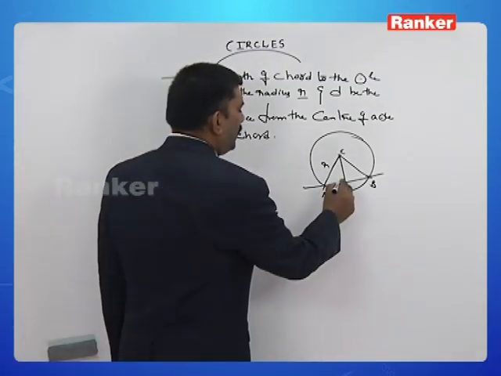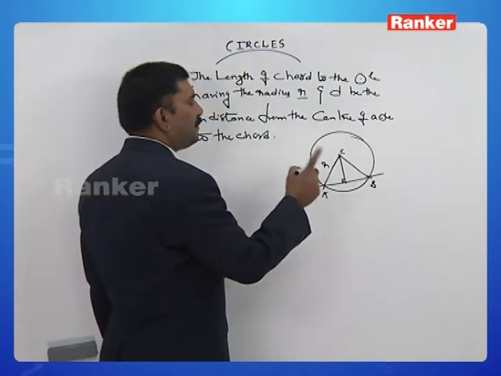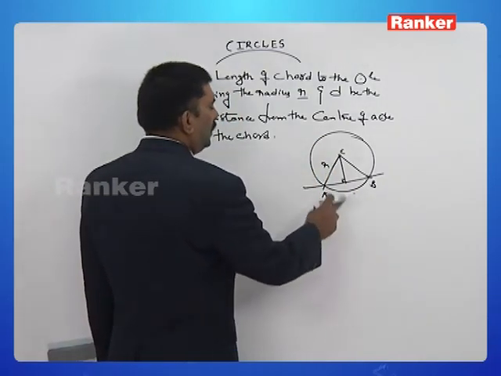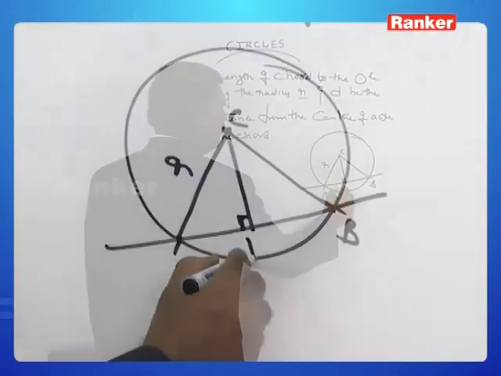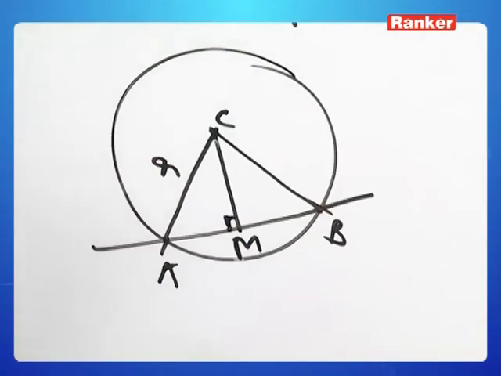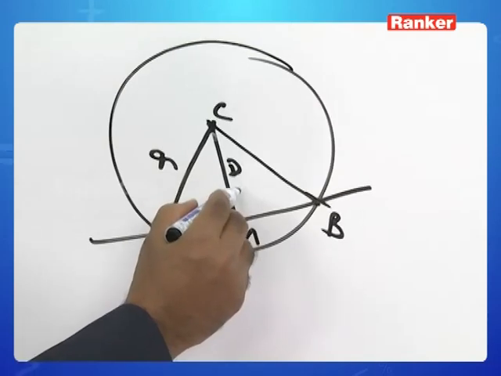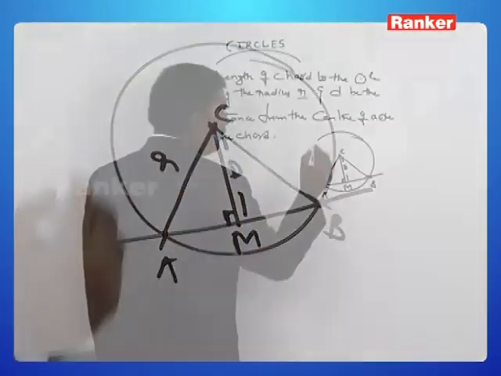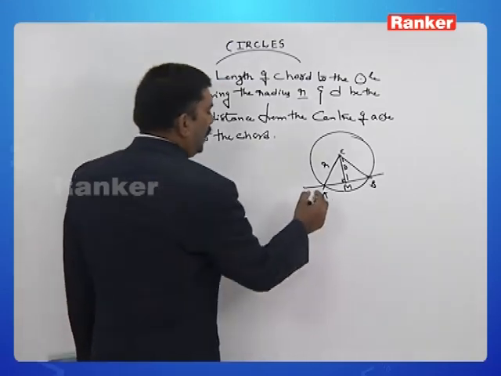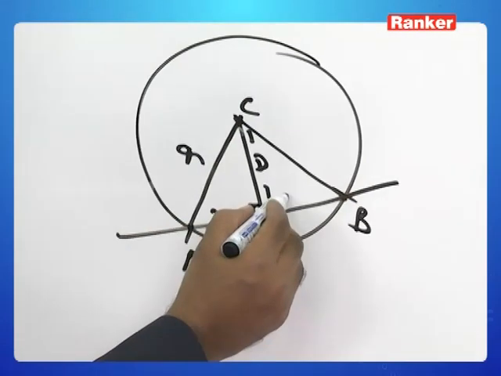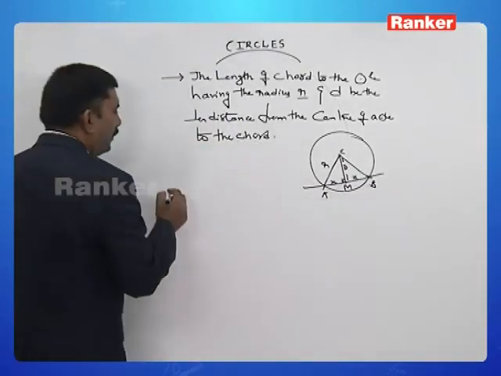I told all of the basic properties of a circle: any line passing through the center and perpendicular to the chord always passes through the midpoint. And d is the perpendicular distance from the center to the chord or line. And this length, let it be x.